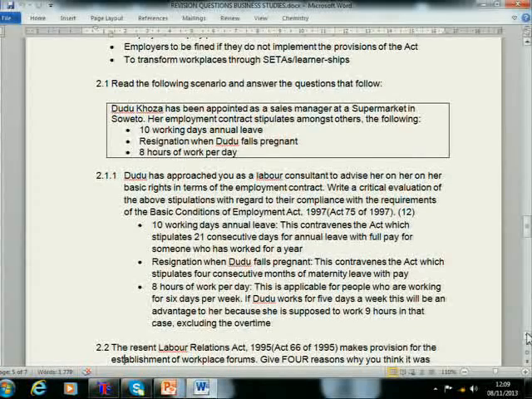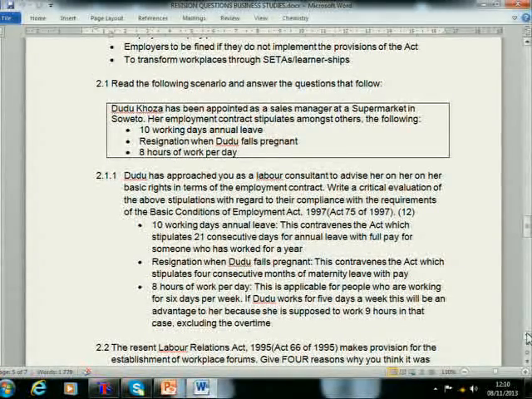The 8 hours per day, this is one of the hours that are allocated. If people are working for 6 days, it's fine, it's appropriate. The maximum hours they may work a day is 8 hours. But if it's somebody who's working for 5 days, the 5 days would award 9 hours a day.